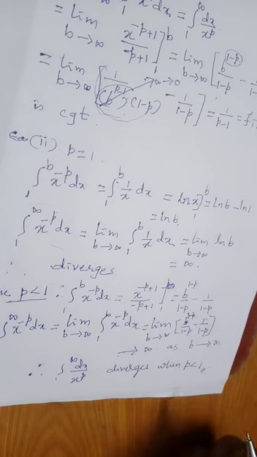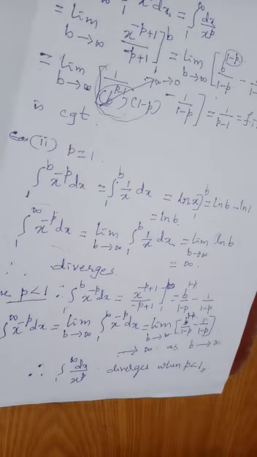So the behavior of this improper integral is that it converges when p is greater than 1 and it diverges when p is less than or equal to 1. So, a very simple theorem. Here we just applied the definition of convergence and divergence of the improper integral. Thank you.